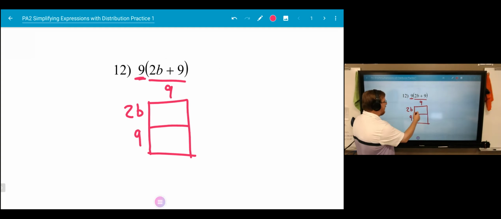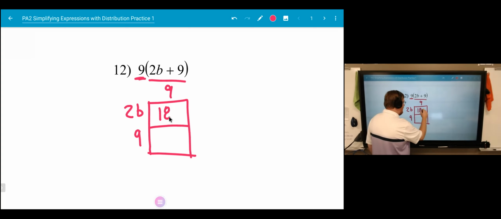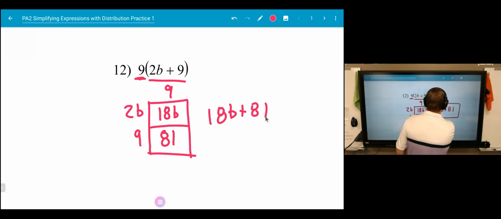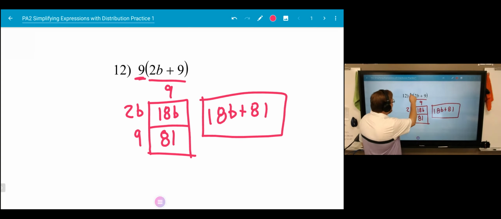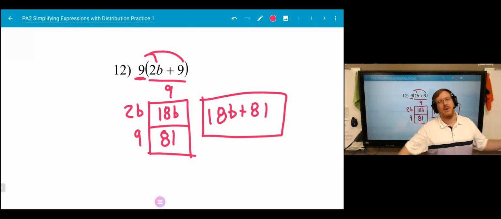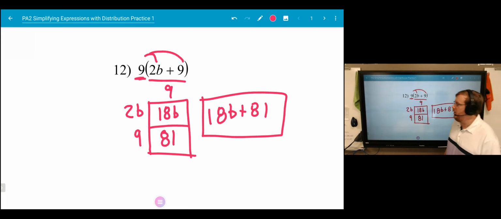If I multiply them together, 9 times 2b is 18b. 9 times 9 is 81. Add the things in the boxes: 18b plus 81. And had I multiplied through, 9 times 2b is 18b, 9 times 9 is 81, I would have got the same thing. So it's a matter of preference.